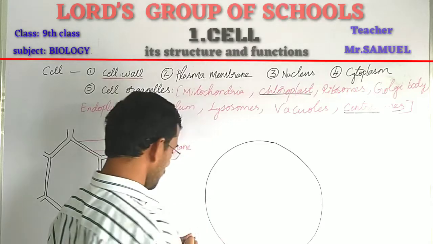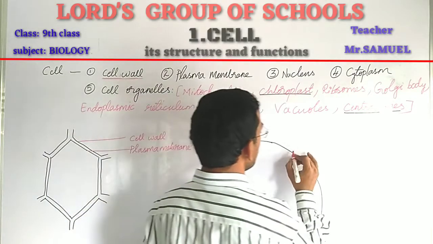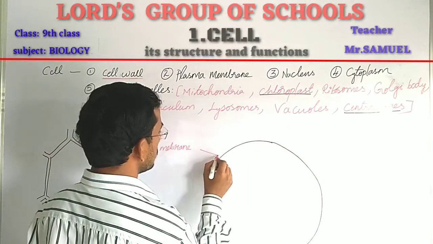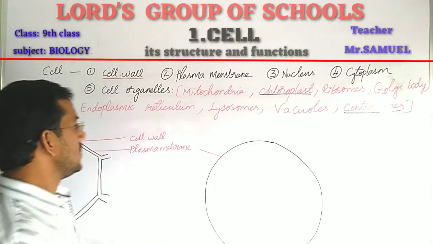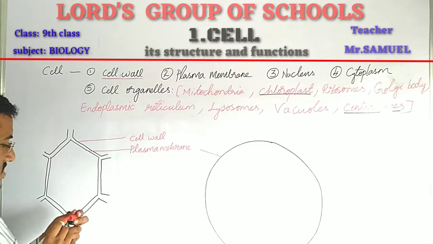So this is animal cell. Animal cells have only plasma membrane. Only plasma membrane is present in animal cell. Cell wall is absent in animal cells. So that is the difference.